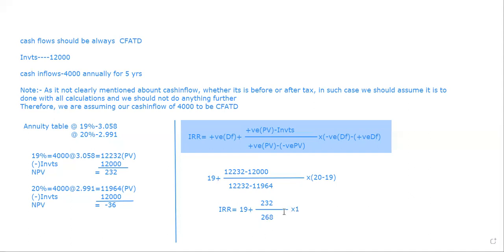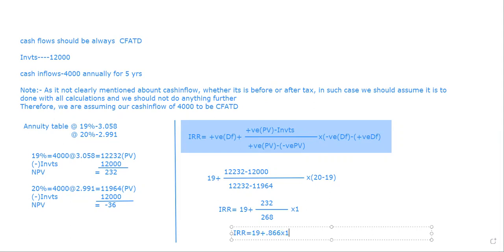Now 232 divided by 268. We need to divide it. So 232 divided by 268. When I do it, I got 0.865. So I can make it 0.866. So here, therefore, my IRR is equal to 19 plus 0.866, again as usual, into 1.